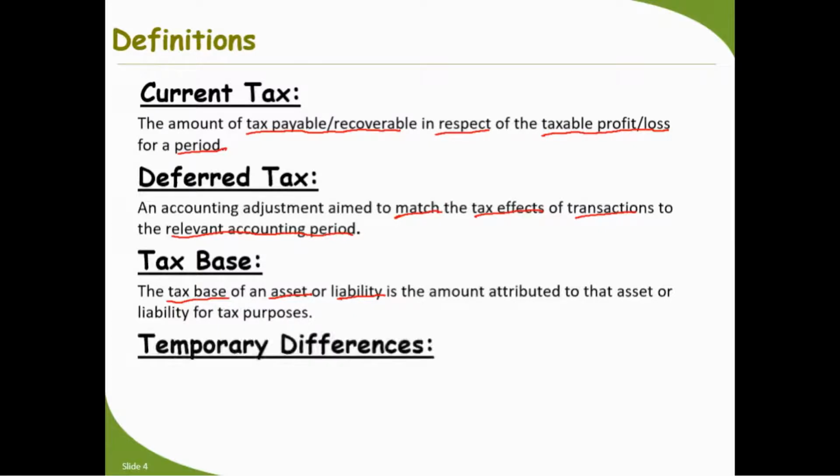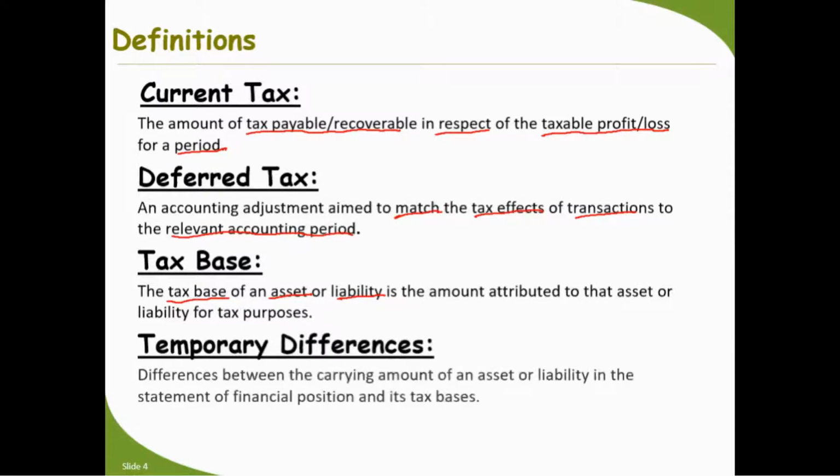Then temporary difference: the difference between the carrying value in your accounting records and in your tax base is called temporary difference. If the carrying amount of an asset in your accounting records is different from the tax base, which is the carrying value for tax authorities, the difference which arises is called temporary difference.